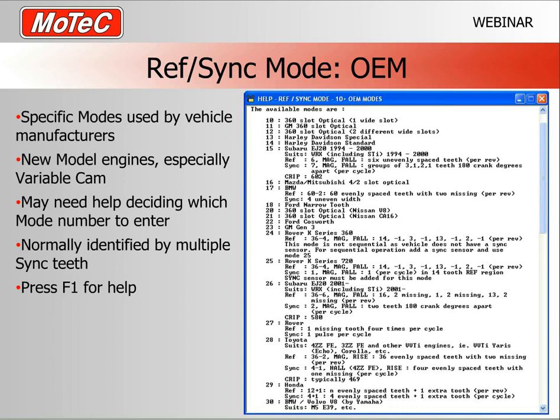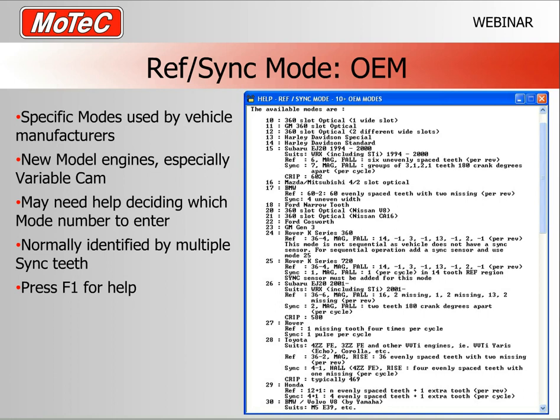They need both a fairly complex crank trigger, but to measure the position of the cam and also to sync the engine, they need quite complicated patterns on the cam as well.